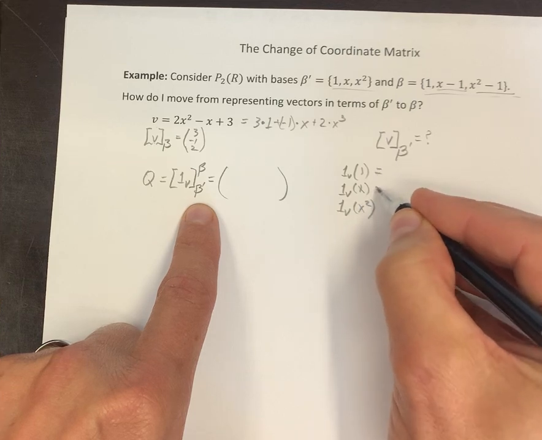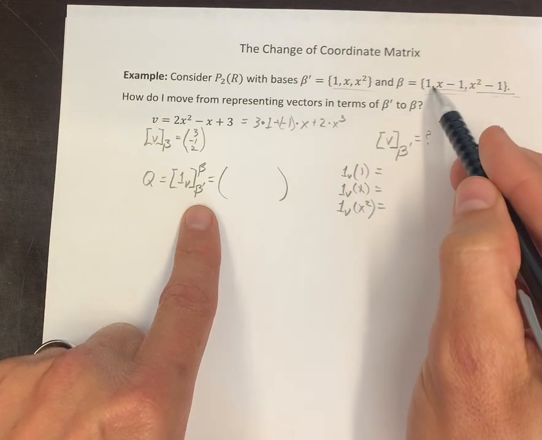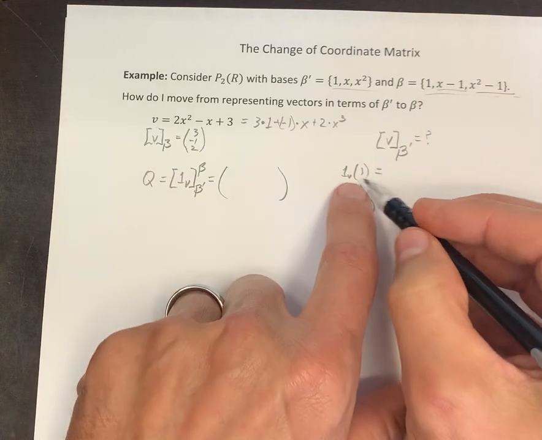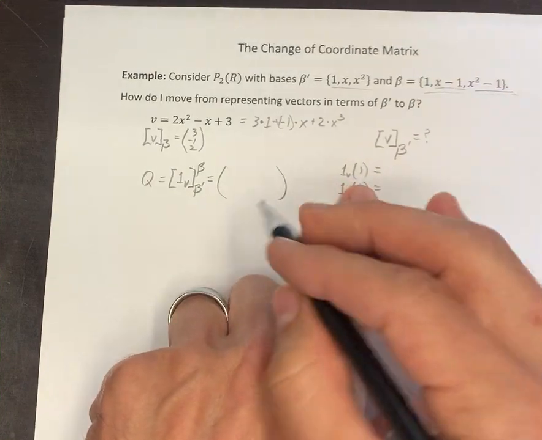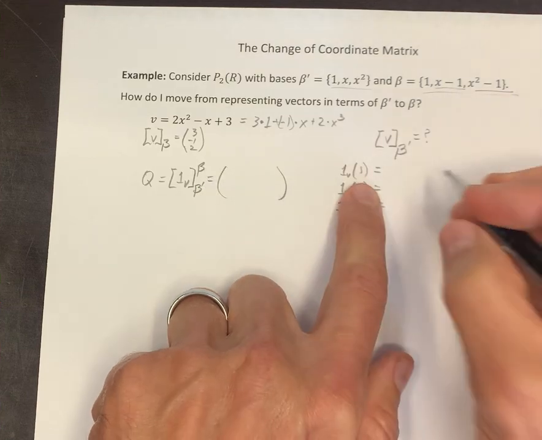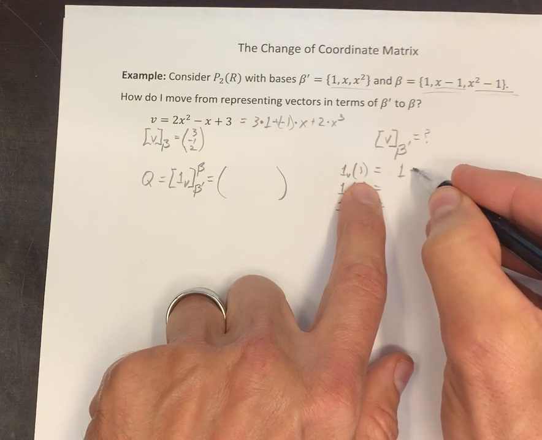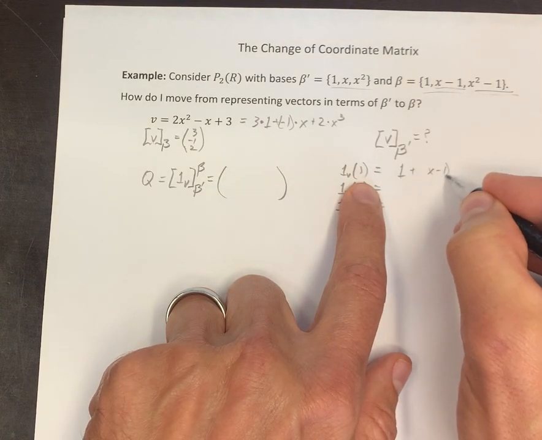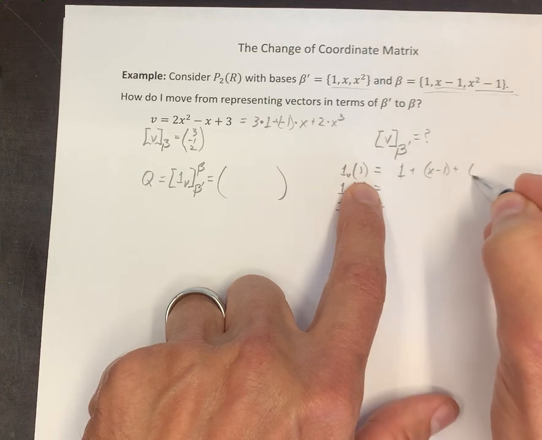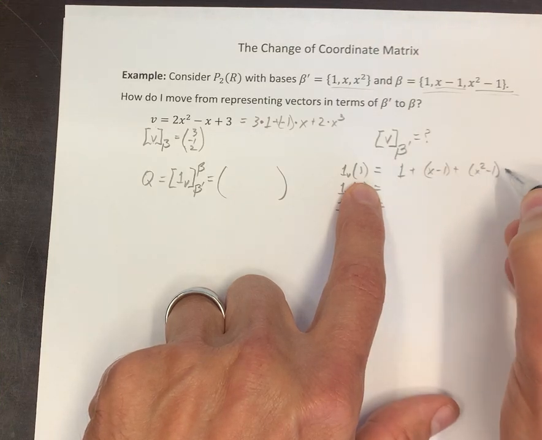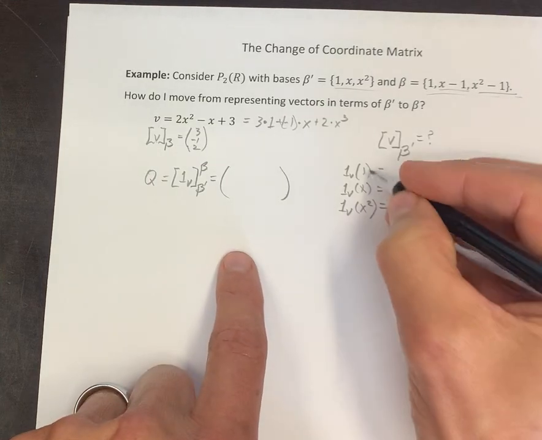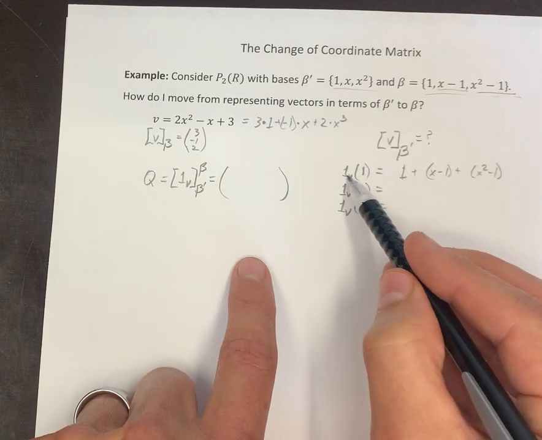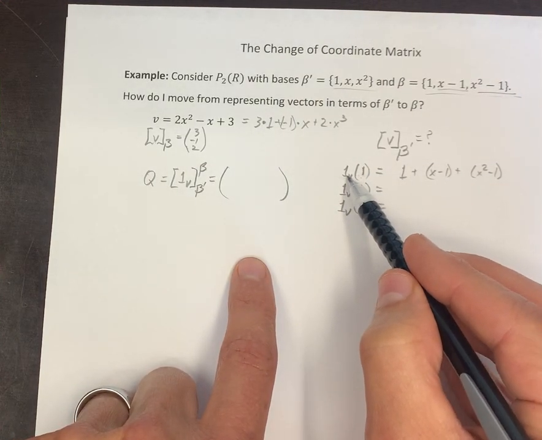And I need to describe that in terms of the new basis elements, right? The identity map on the first element here, what does it do in terms of 1, x minus 1, and x squared minus 1?